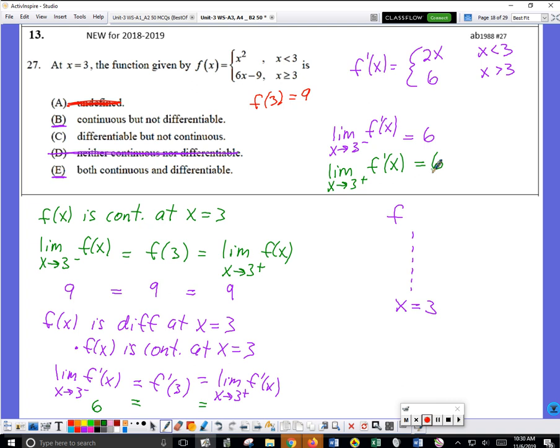A corner is caused when the slope changes from one side to the other of the point. Like it's an abrupt change in slope. Because the slope is the same or infinitesimally close to the same, we're okay. So if there is a corner, those numbers will be different, because coming from the left is different than coming from the right. Like here's F, and F looks like this. And this is x equal 3.